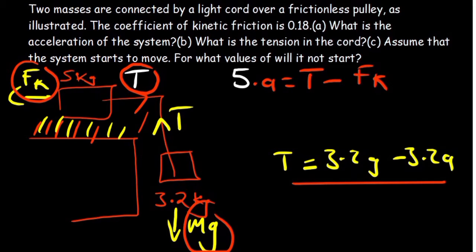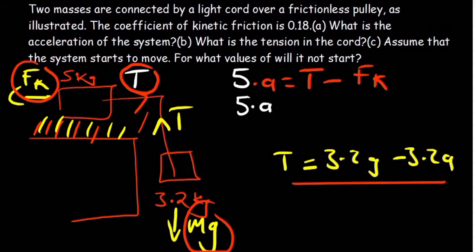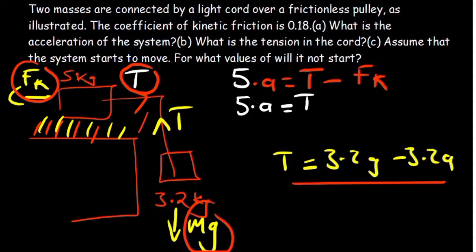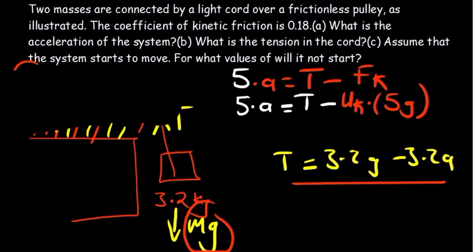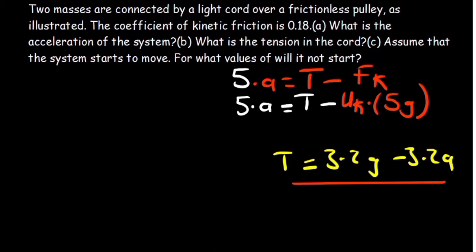This is how different this one is compared to the other questions that we looked at earlier, because of the friction. So we have 5a equals the tension minus the force of friction, which is the coefficient of friction multiplied by the normal force. In this case, the normal force is the weight, mg, so 5g. So that is the important information to help us find the values.